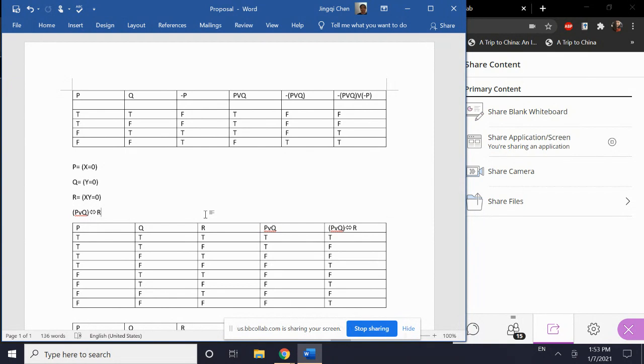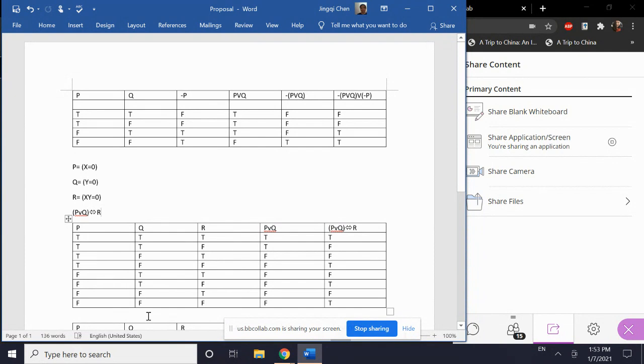Great. Yeah. And then because there's 3 variables, I did all the possible 3 statements. So I have 8 altogether. And then there's all the possible combinations.